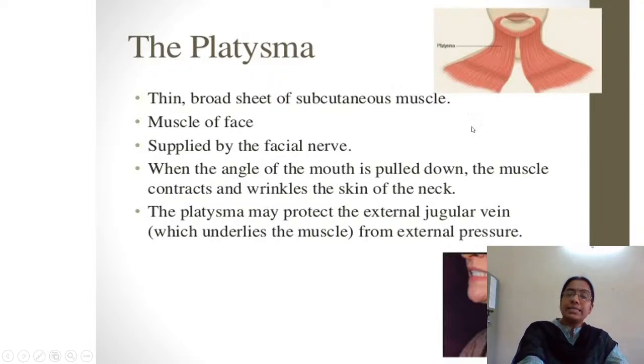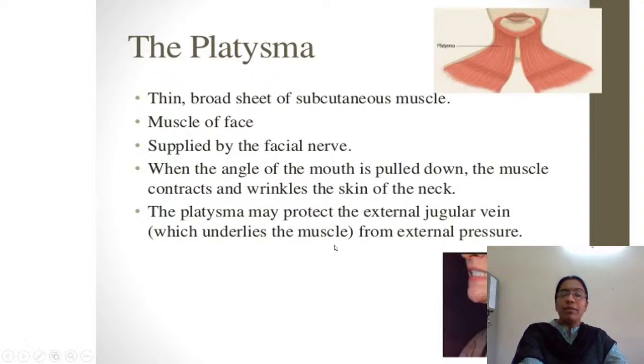It is supplied by the facial nerve. When the angle of the mouth is pulled down, the muscle contracts and wrinkles appear on the skin of the neck.